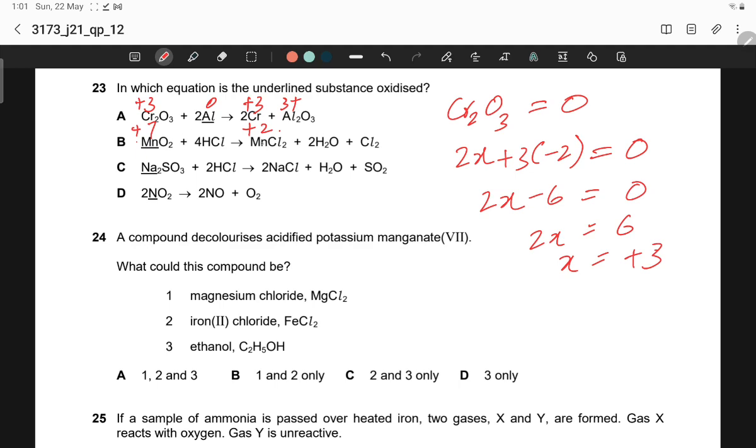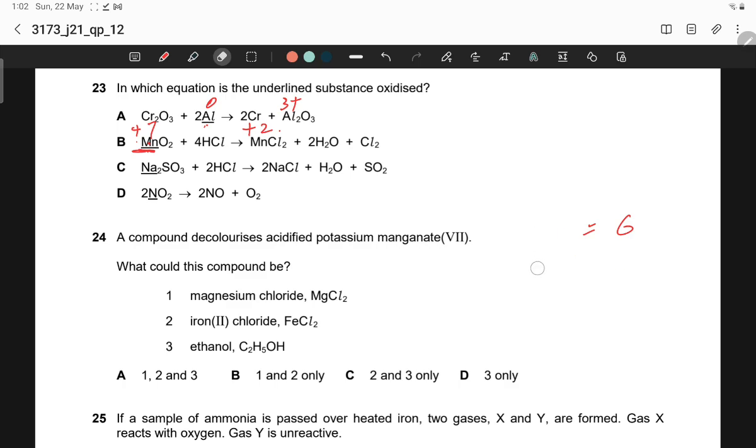Plus 7 is going to be reduced, Mn carrying plus 7. For the underlined element, no need to solve this, only the underlined. This underlined element is manganese. In manganese 4 oxide, MnO2 is equal to 0.